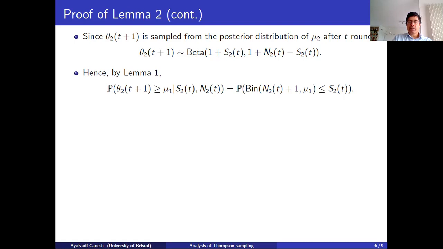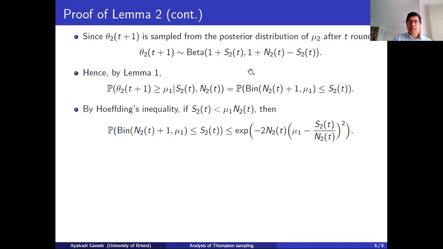So we are asking for the probability of an event that a binomial random variable is smaller than its mean value. And the probability of that event can be bounded using Hoeffding's inequality.